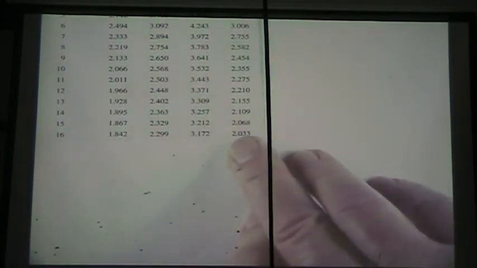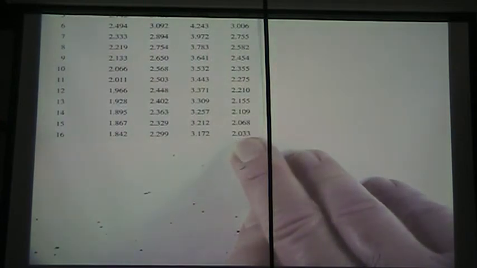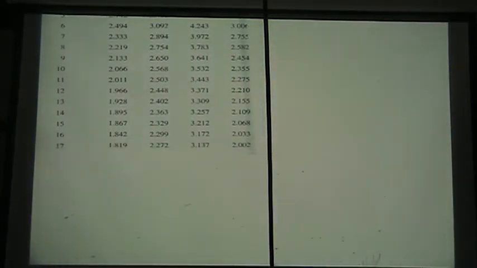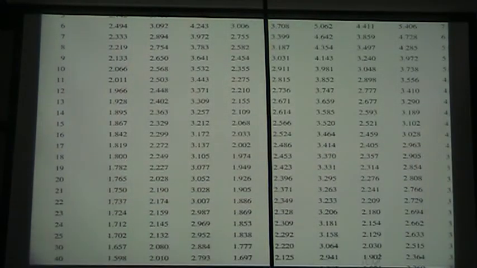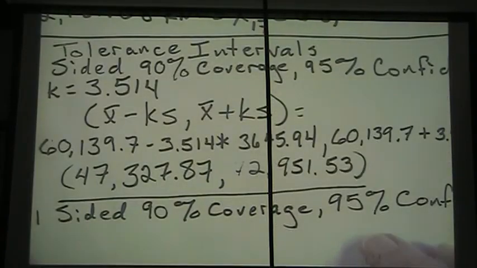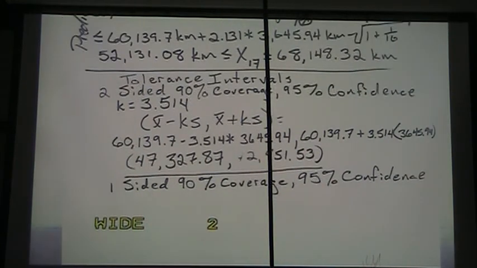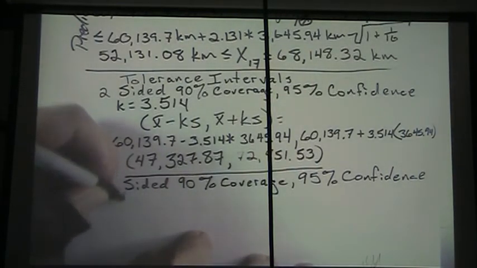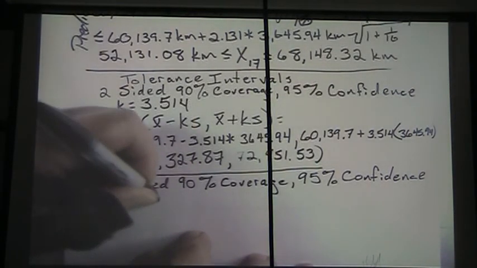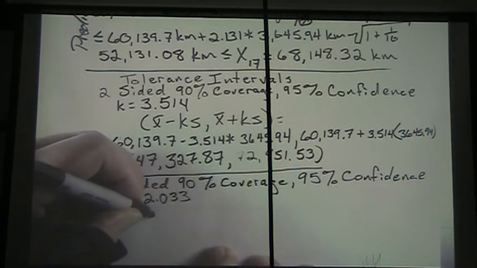So my K, to calculate my tolerance interval, becomes 2.033. All right, so K equals 2.033.